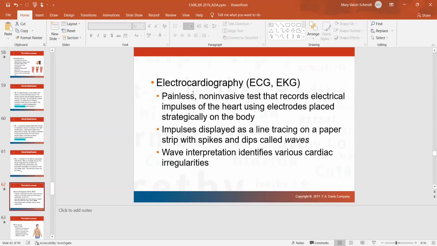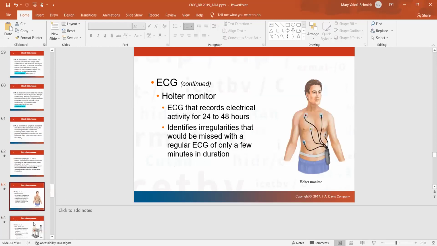And that's a test where we put these little electrodes on your chest, and then we're looking at the electrical activity of your heart. And there's a very specific rhythm that we're supposed to see with very specific types of electrical activity. And that helps us diagnose different cardiac problems like heart attacks, MIs.